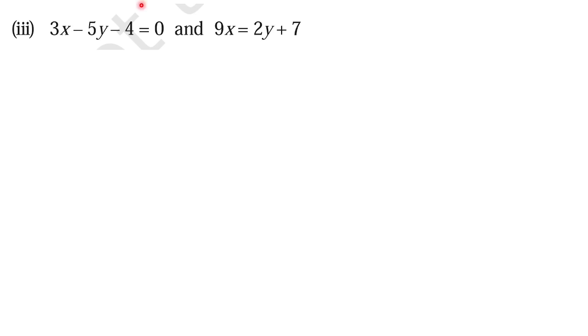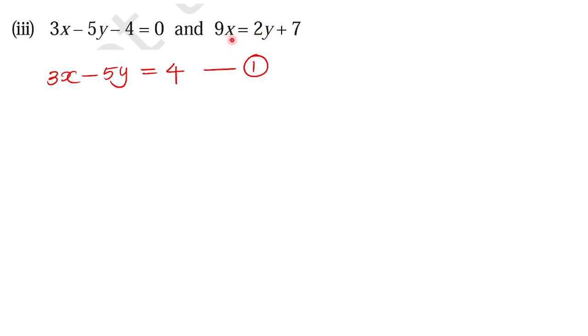So okay, let us do some arrangement. Can I take this minus 4 to the other side? Is there any mistake? No mistake. So minus 4 is taken to the other side. The first equation, 3x minus 5y equal to 4. Equation number 1.